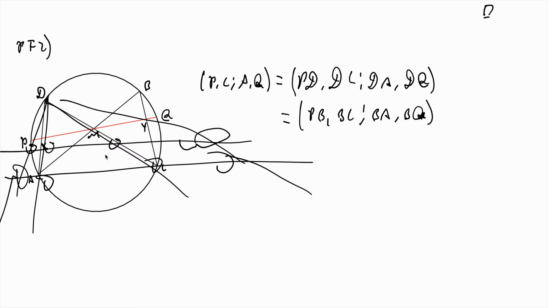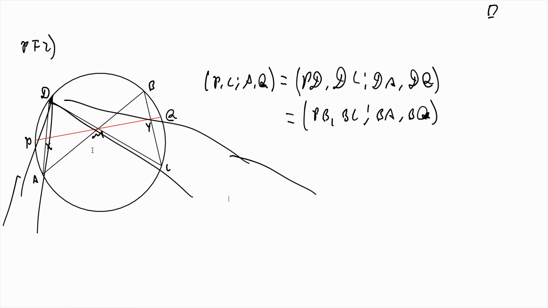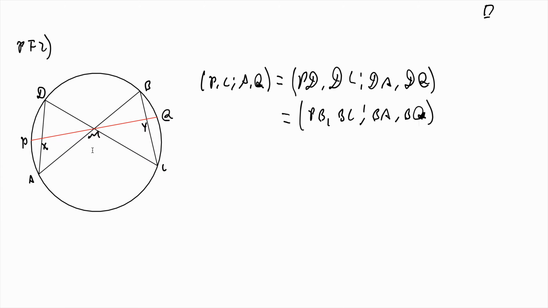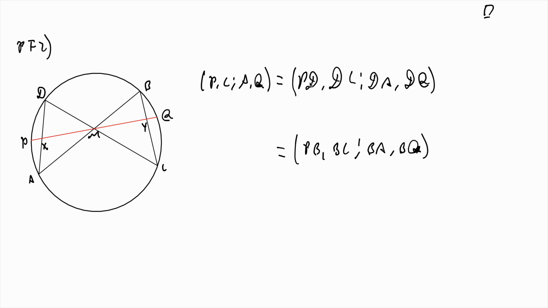So we could actually use the red one. I'll just move them down here. So this is equal to PM, DA is X, DQ is Q, DC, DA, DQ. So Q.